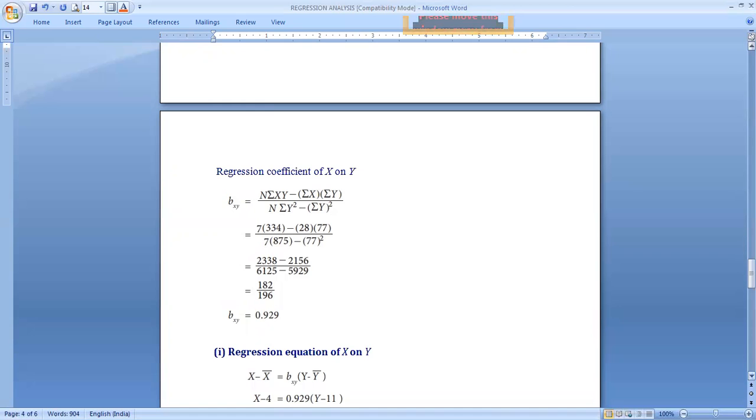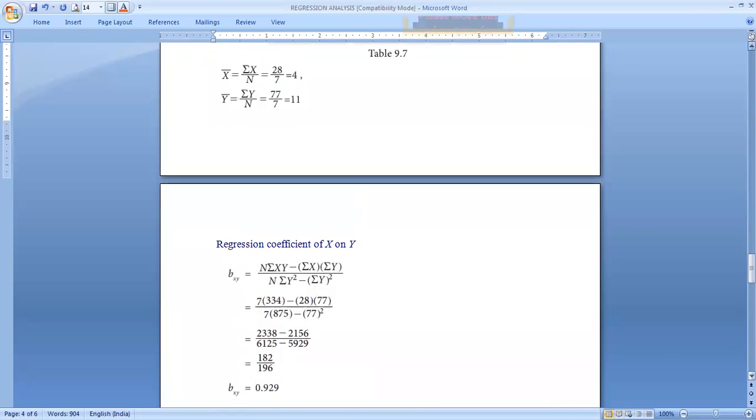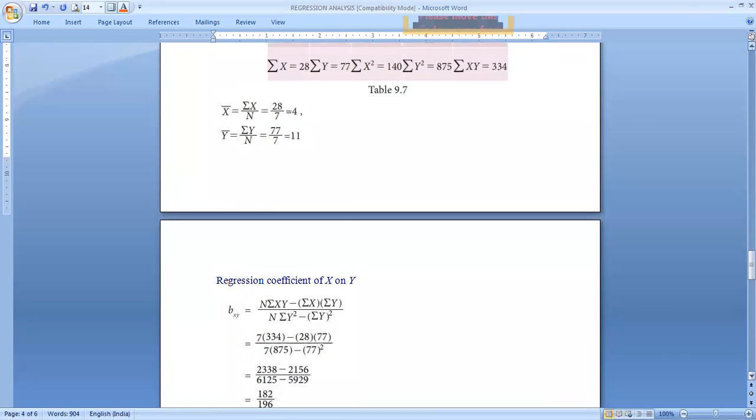The value of n is 7, the value of summation xy is 334, as we found in the table, the value of summation x is 28, the value of summation y is 77, the value of summation y square is 875.